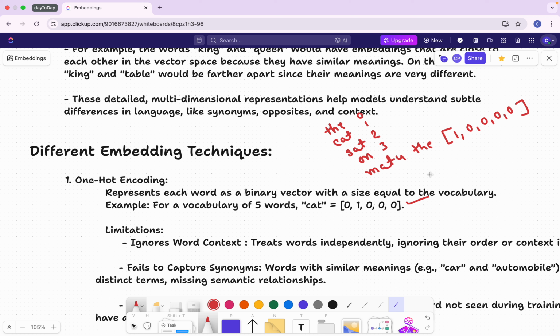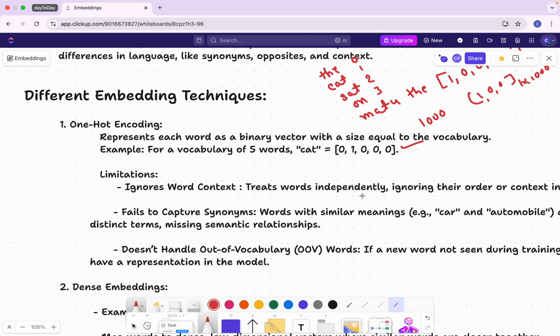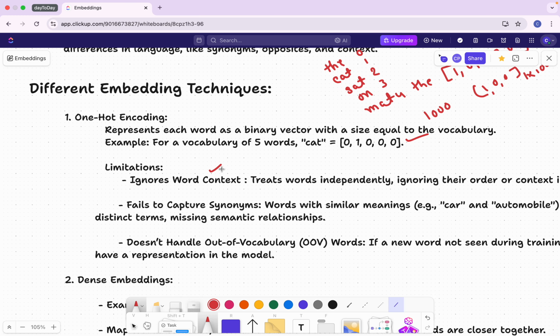If we have a vocabulary of 1000, then we have a 1 cross 1000 dimension vector, and only one place has the 1 and the rest of them have 0, right? So it is a very sparse matrix. These are the limitations of it. They ignore the word context and fail to capture synonyms, right? As we are not treating the contextual meaning, it won't be able to understand synonyms.